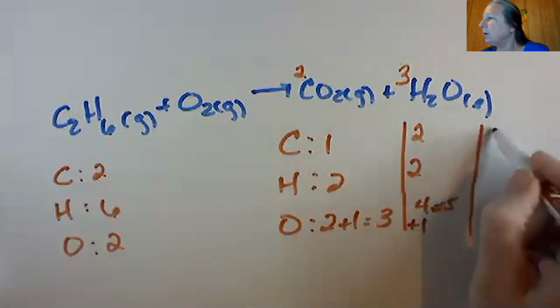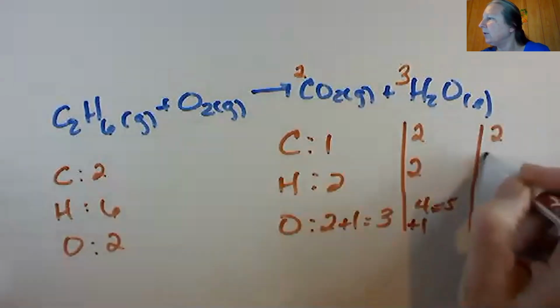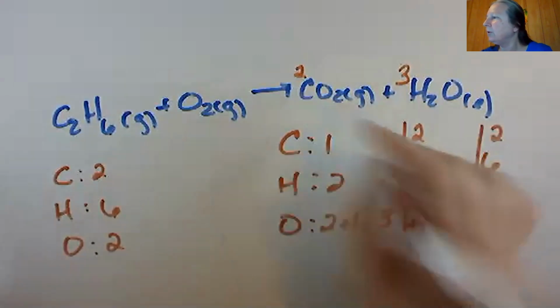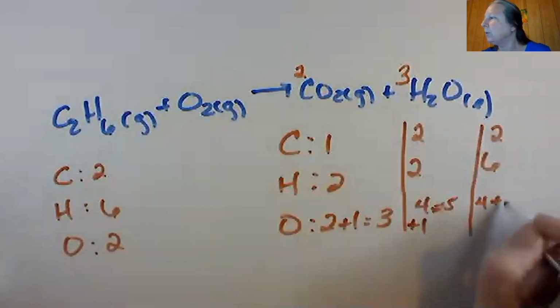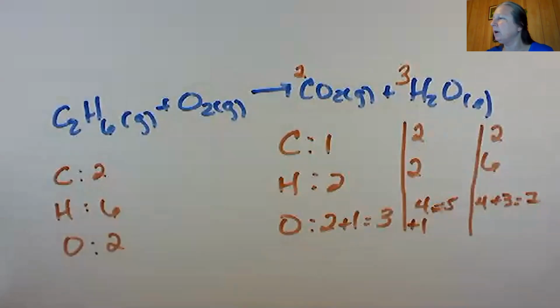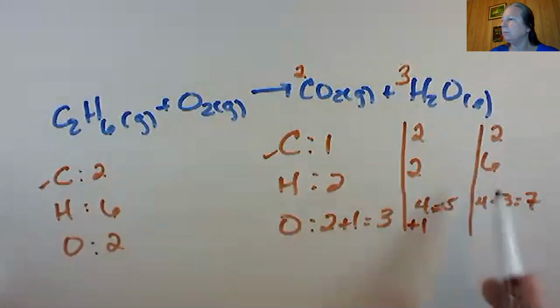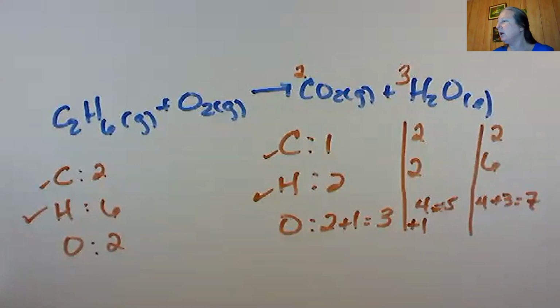So I still have 2 carbons. I now have 6 hydrogens. I have 2 times 2 is 4 plus 3. I have 7 oxygens. All right. My carbons balance. My hydrogens balance. The only thing left is my oxygens. I have an odd number. I have a 7.